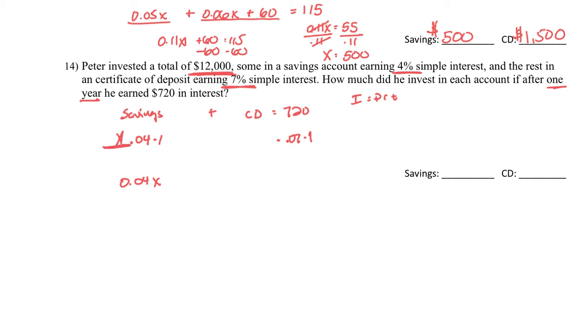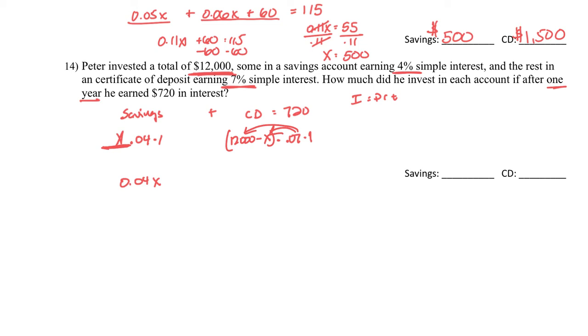So if I put x into my savings account, I have all leftover to put into my CD. Well, to find leftover, it's just 12,000 minus the x. That's what would be left over. And again, if I distribute here, I could ignore the 1 because 1 won't change anything.